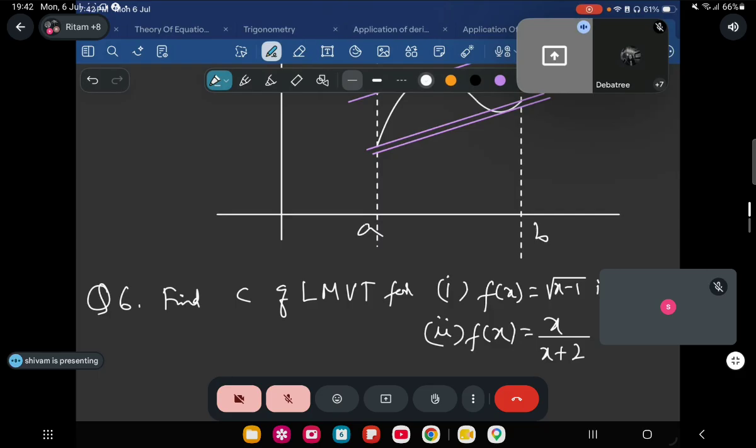Sarthak part 1 is correct. Aipsha both are correct. Devatri, the second one is also correct. Okay, only Ritam is left. Ritam, what happened? Should I solve? Okay, I have received. Ritam, your answer is correct.